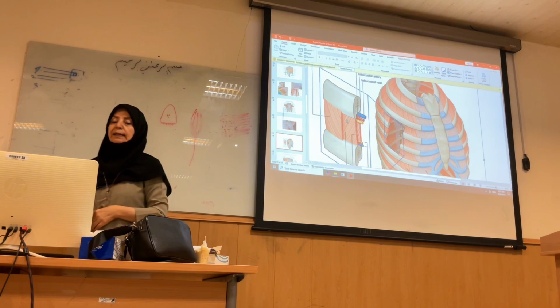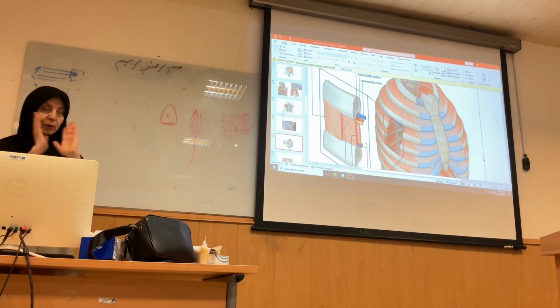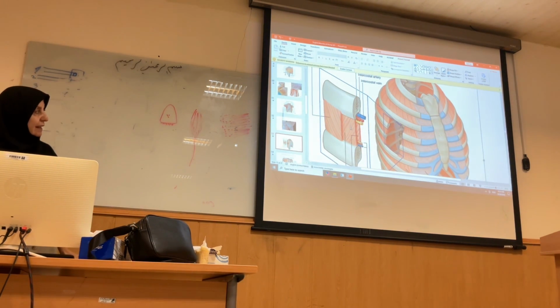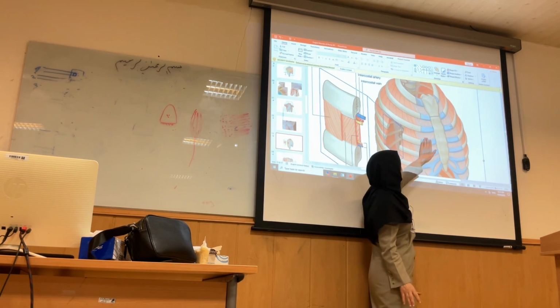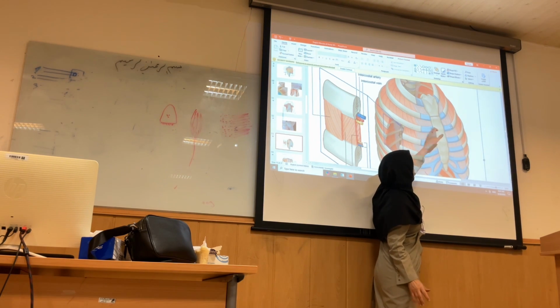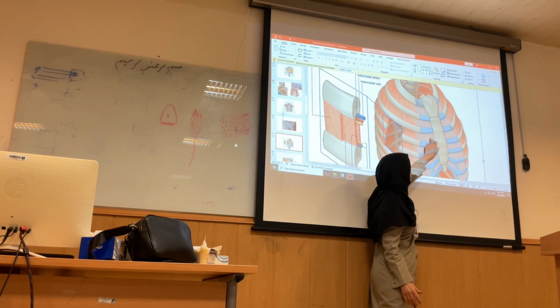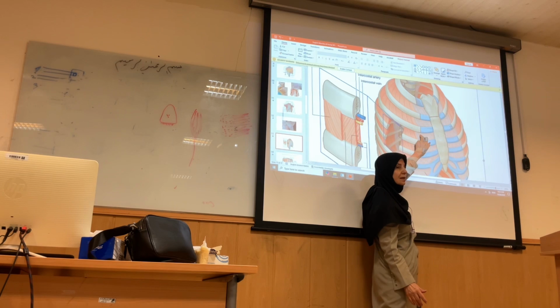Now about the internal intercostal muscle. Look at the picture. This internal intercostal muscle is going to begin anteriorly. It means if I remove or go posterior to this membrane, I am able to show you the internal intercostal muscle.